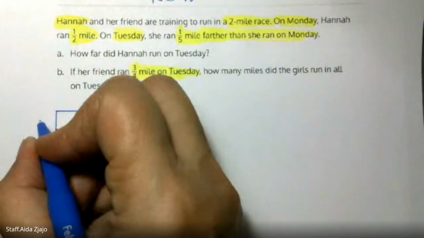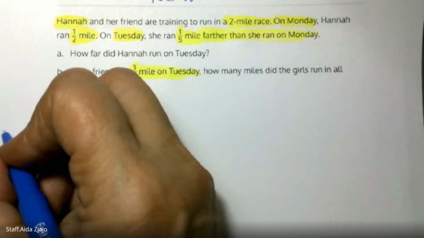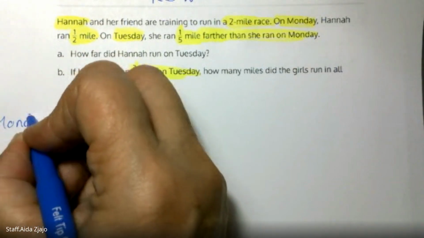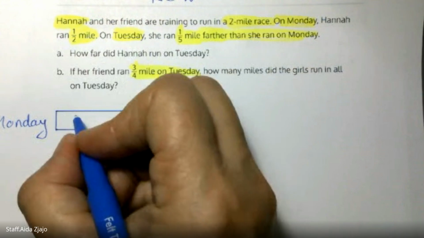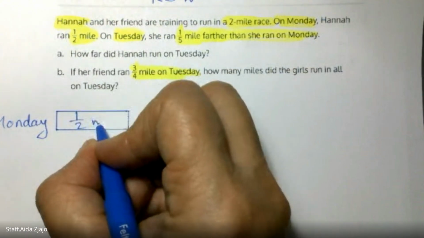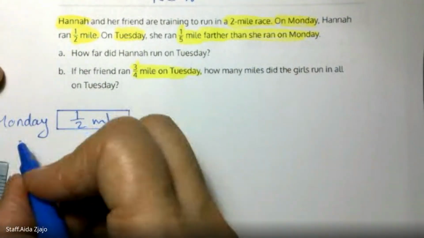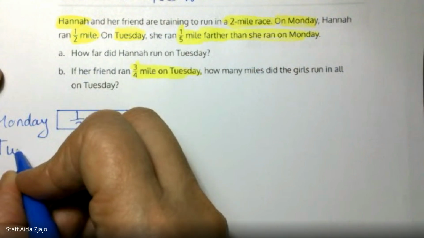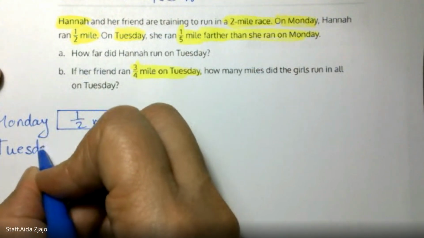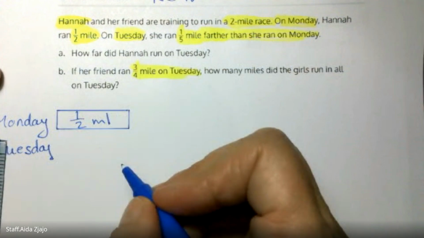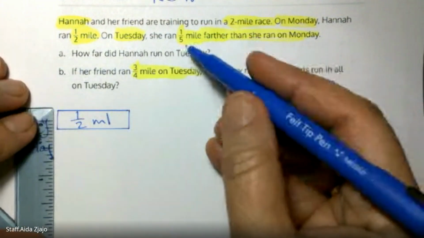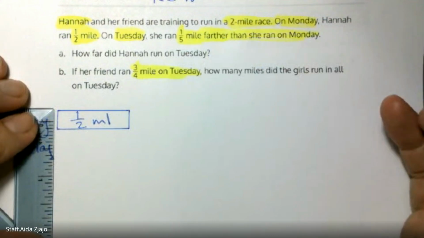It's half a mile. And then on Tuesday, the story says that she ran 1/5 mile further than the first.